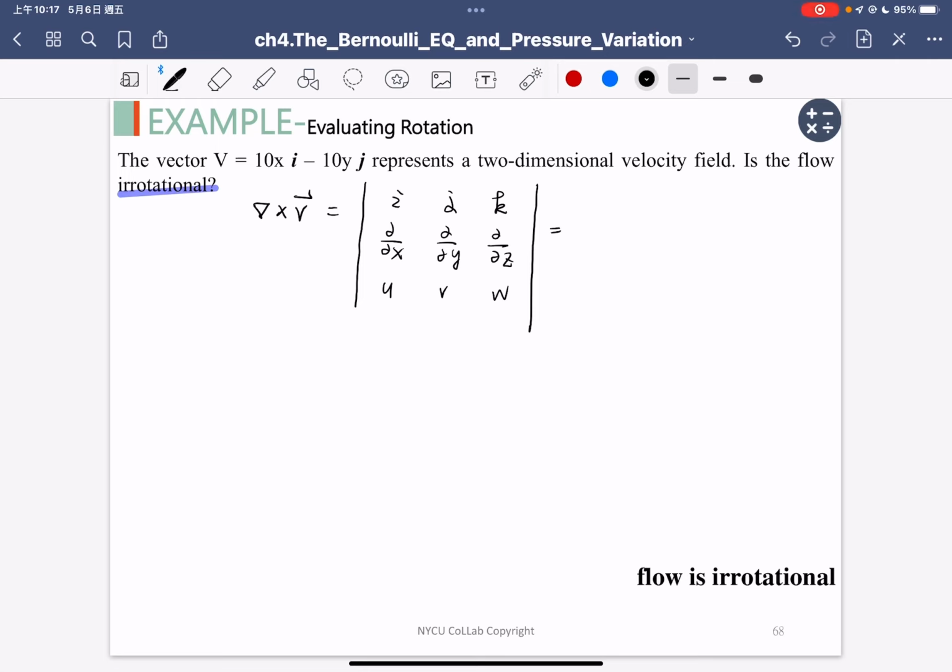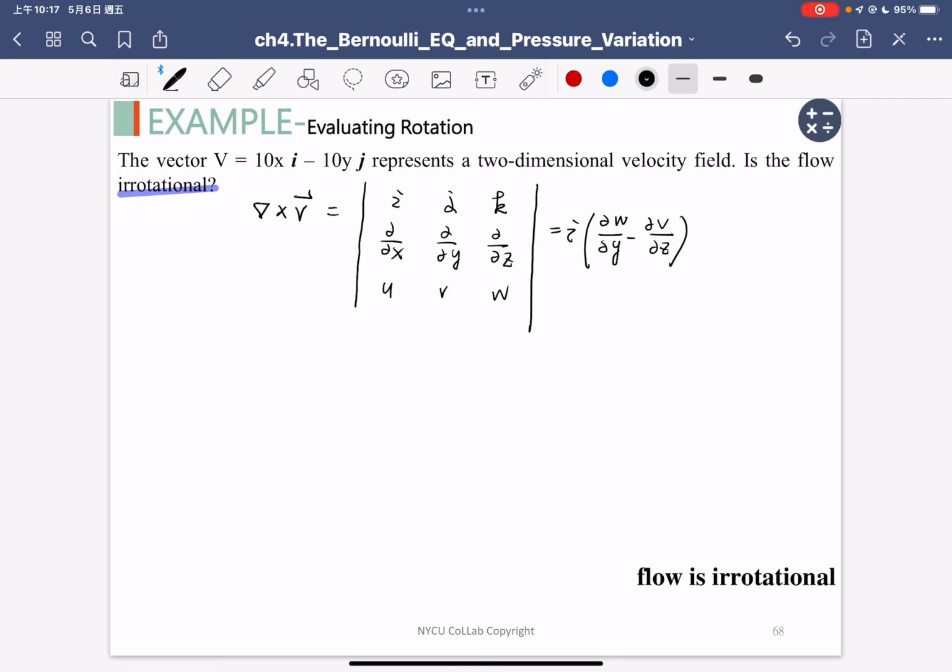So if you expand the cross product, we keep the i direction, and then we have dw dy minus dv dz.